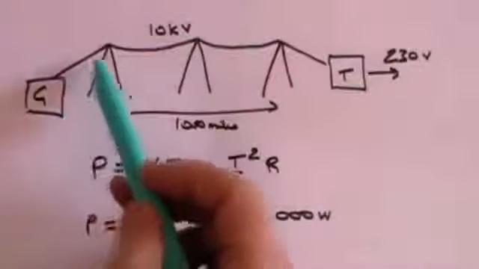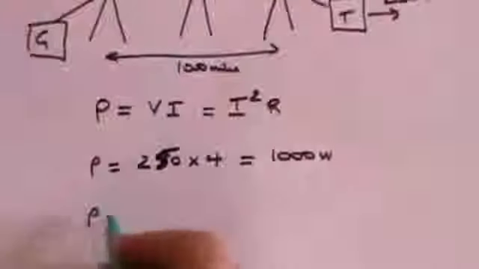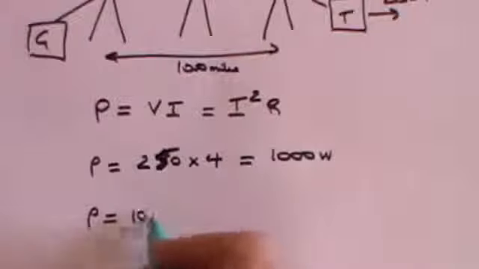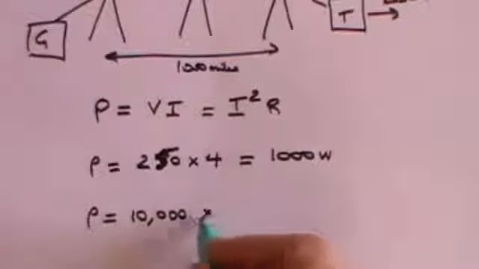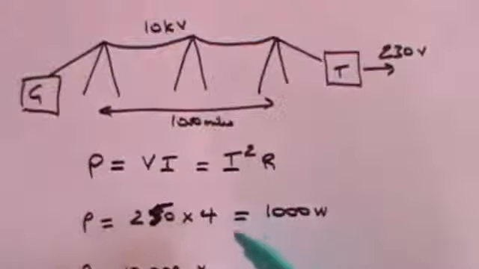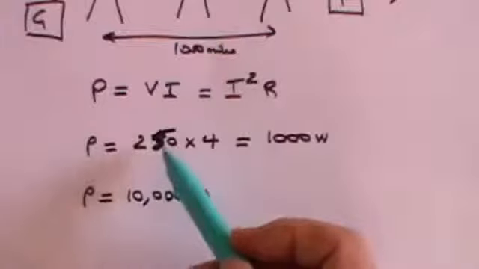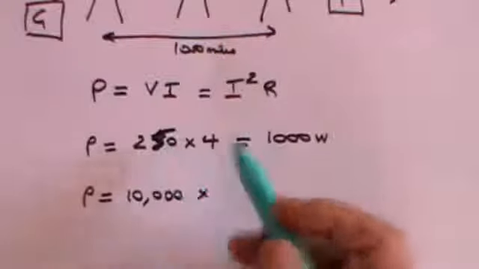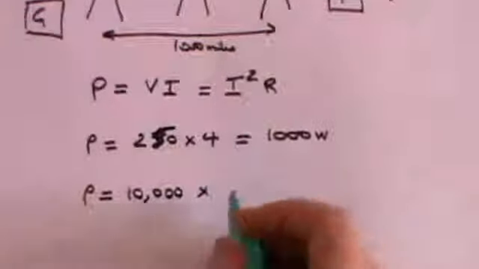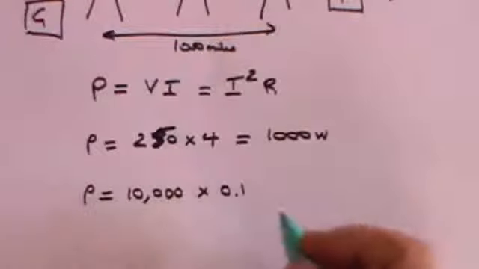Alternatively, we can transform this to 10 kilovolts. If we do that, then the voltage goes up to 10,000 volts. But of course, the current must come down proportionately because the power remains the same. So if we have multiplied the voltage by 40, we have to divide the current by 40. So now the current is simply 0.1 of an amp.